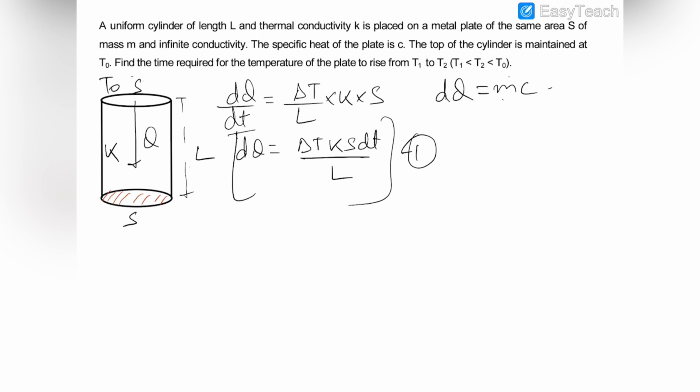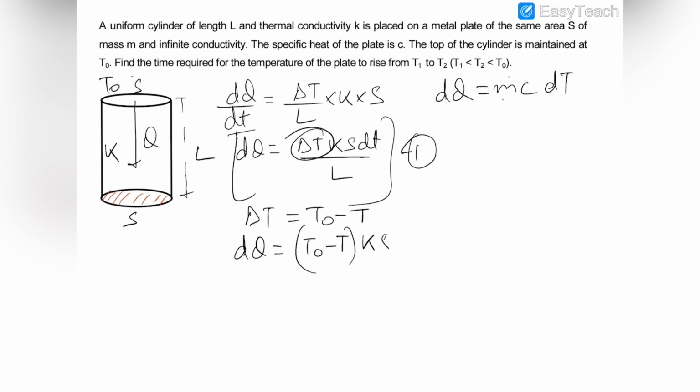So let us suppose it as dT. Now this delta T is the difference of temperature of this plate and this top surface. So delta T is T0 minus T. So dq is equal to (T0 minus T) into Ks into dt divided by L, and this would be equal to mc dT.